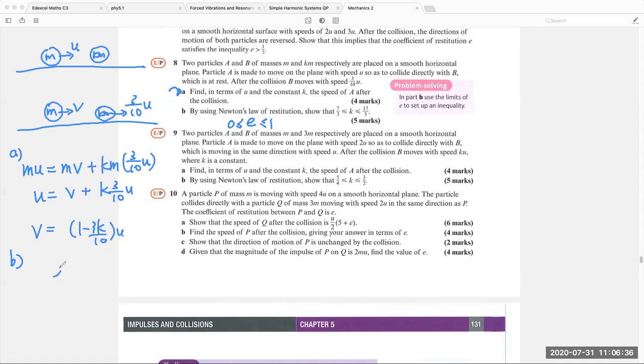So let's solve for e, okay? It's negative, and then u minus 0, and then v, minus this one. Then try to simplify this.